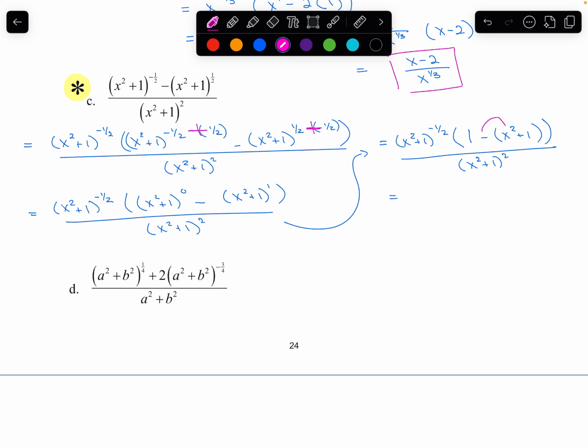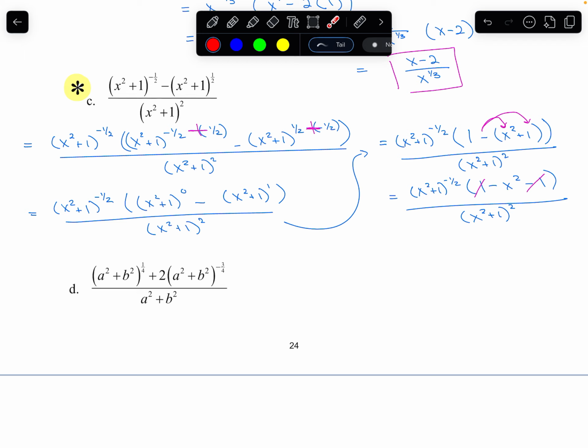I can now multiply that negative through. So I then have x squared plus 1 to negative 1/2, then 1 minus x squared minus 1, all over x squared plus 1 squared. I have a positive 1 and a negative 1, so they cancel with each other.